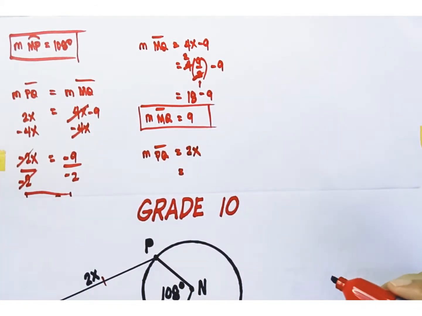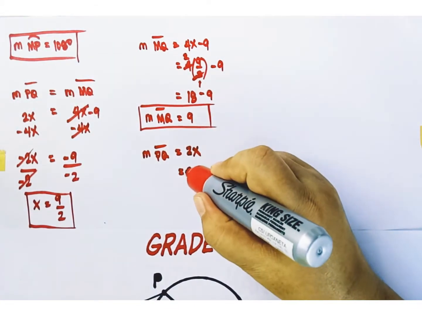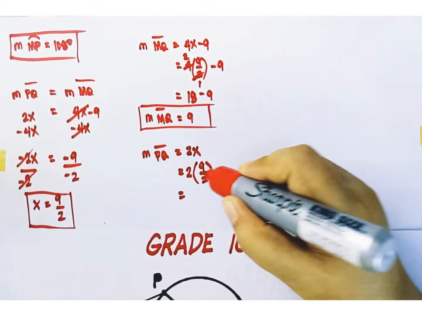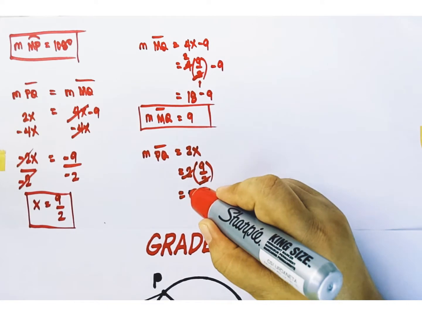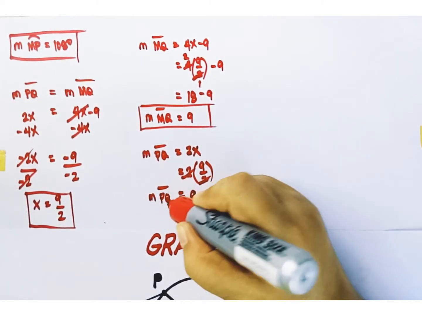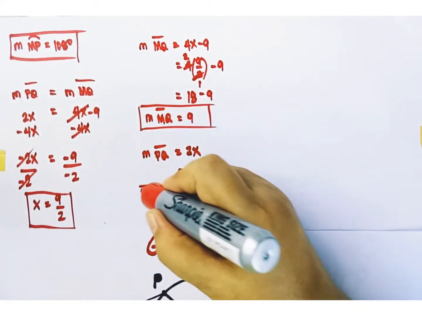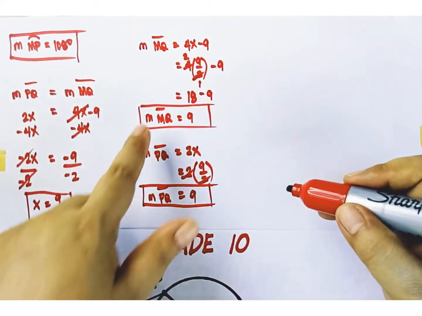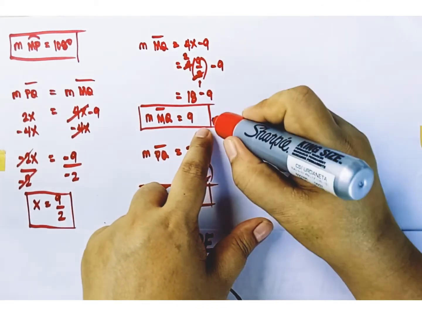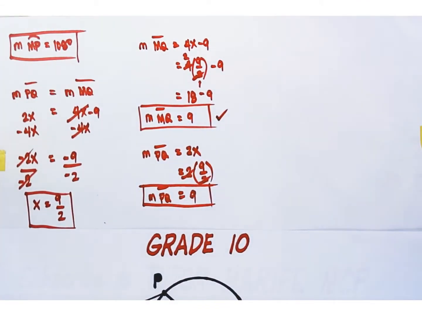Replace x with 9/2. So 2 times 9/2. Cancel before you multiply. It's also equal to 9. So we validated our answer. Measure of tangent segment MQ equals 9 is correct.